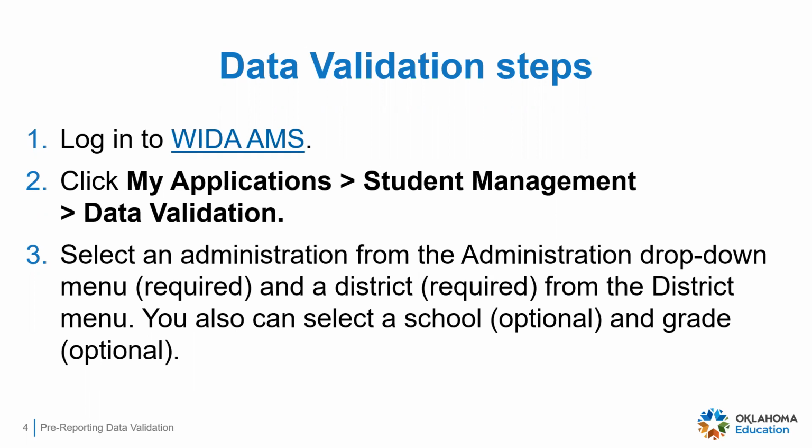You'll put in your district from the drop-down as well. The two things that are required to start with are the administration, the 2022-2023 ACCESS administration, and then picking your district. You can also select a school and a grade if you want to refine the results more, but the two that are required are the administration and the district.